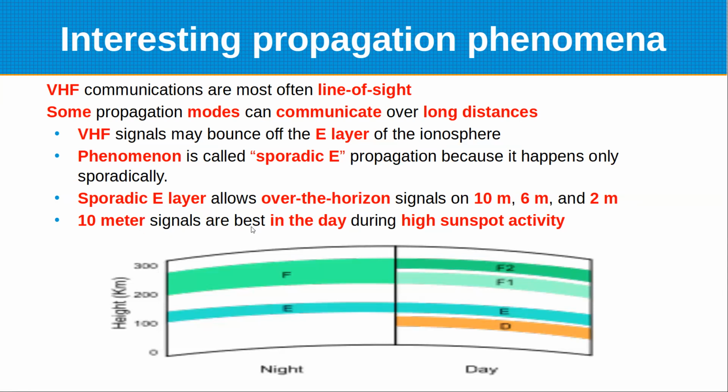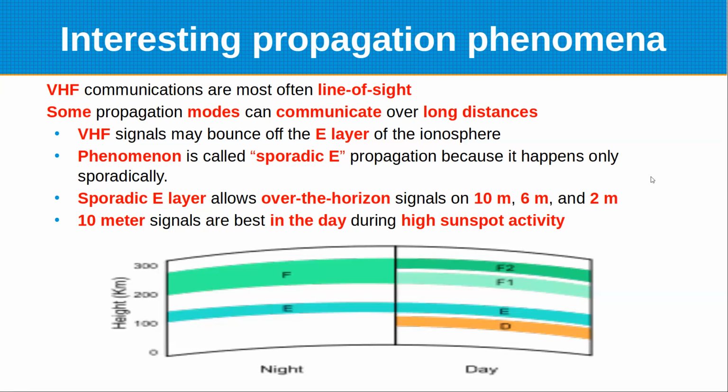And the 10 meter is best in the daytime with high sunspot activity. And all these are affected by solar activity, the sunspots and how much radiation is coming out, flares, all that stuff. We have some charts on that coming up.